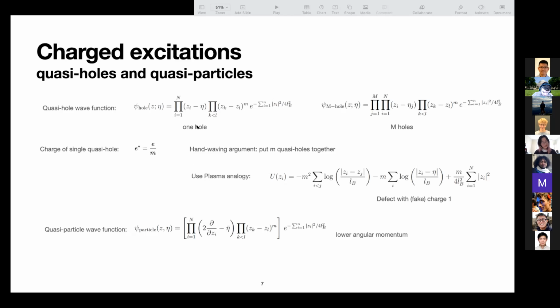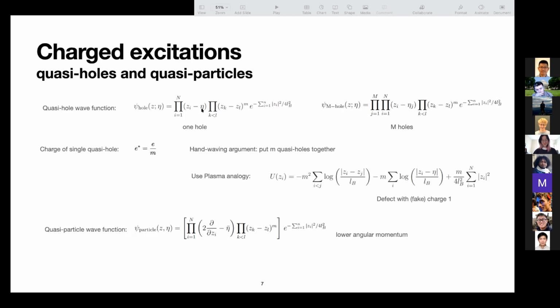One hand-waving argument is that if I put m quasi-holes together, all at position eta, then this will just be z minus eta to the power of m. It looks like the Laughlin wave function we got before, but with eta fixed instead of varying.